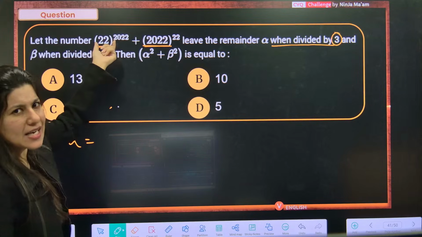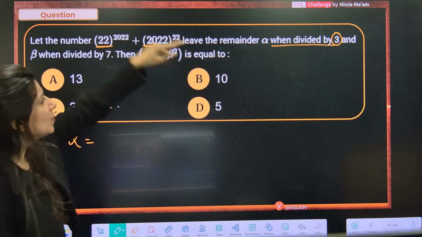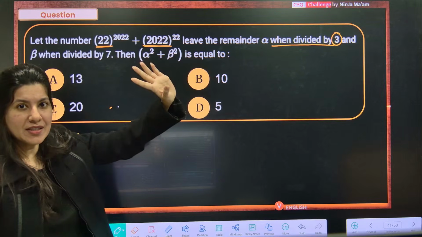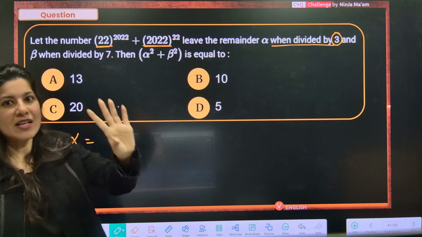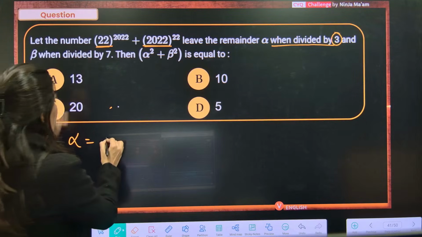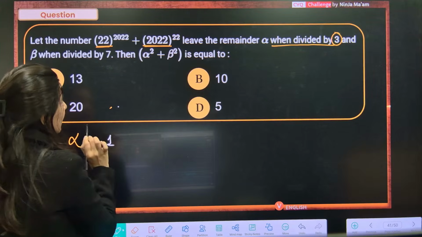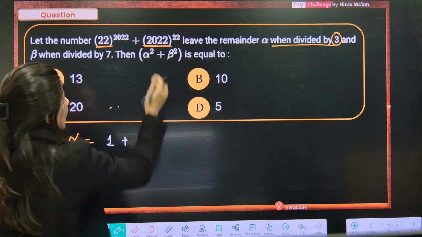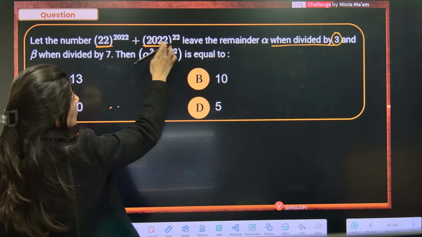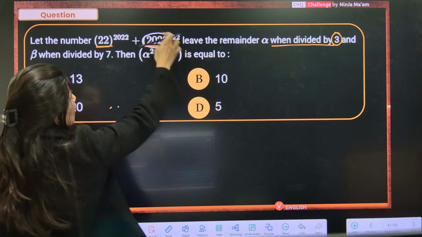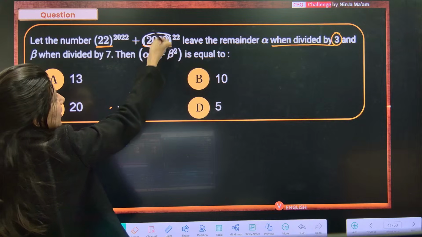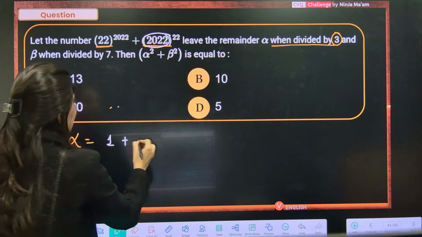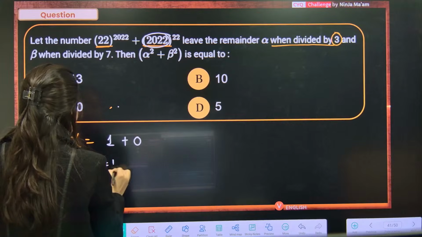What happens when you divide 22 by 3? 7 3s are 21, 1 remainder. So this is going to be 1 power 2022, so 1 will be this, plus. Now this 2022 itself is a multiple of 3. A multiple of 3 power something when divided by 3 will give 0 as the remainder. That means alpha is coming out as 1.